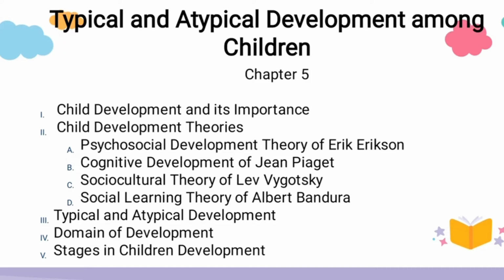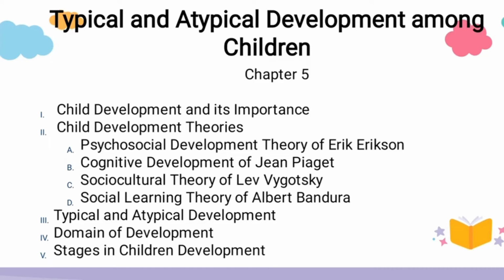On the third part of this chapter, we will also be learning about the typical and atypical development. We will differentiate the two developments and the domains of development, and lastly, the stages in children's development.